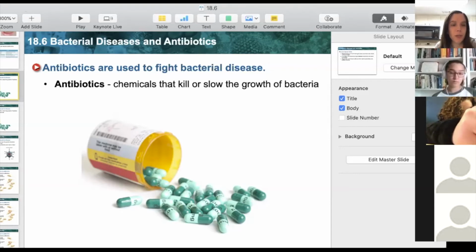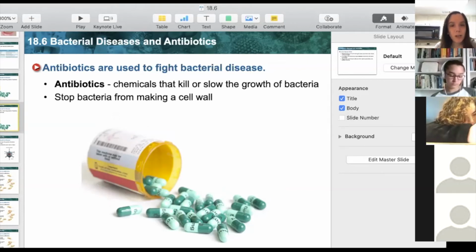The first one, penicillin, was a fungus that they discovered that created a chemical that killed bacteria. Other kinds of fungus also make antibiotics, but that was the first one, and it's still used to this day. So if a medicine ends in "illin," it's an antibiotic, amoxicillin, for example. Anytime it ends in "illin," that's an indication that it's an antibiotic.